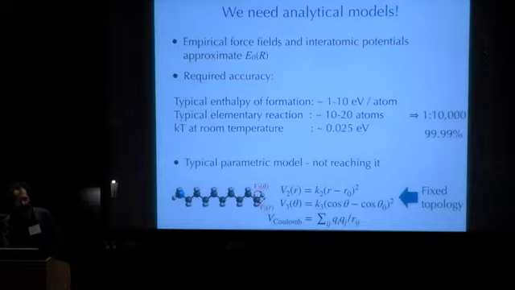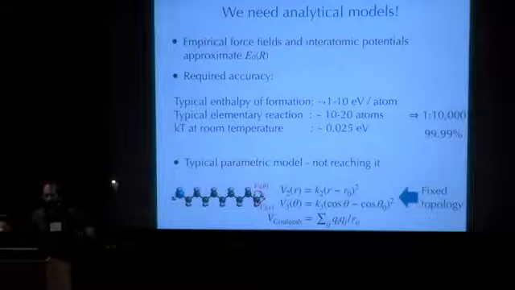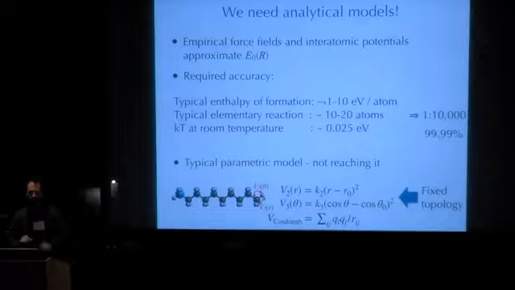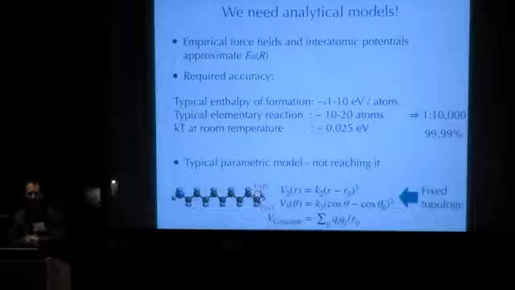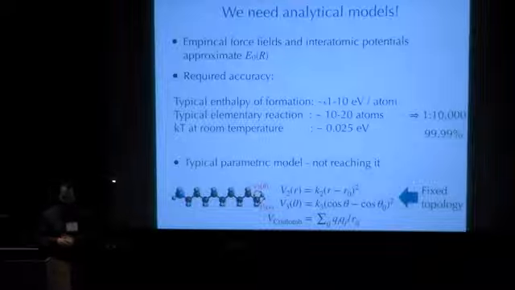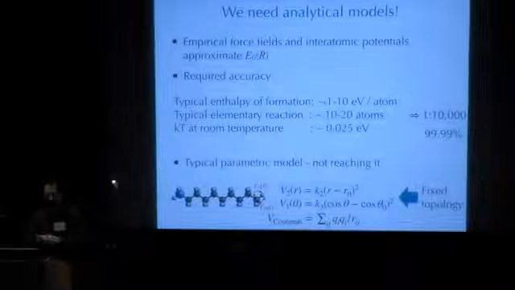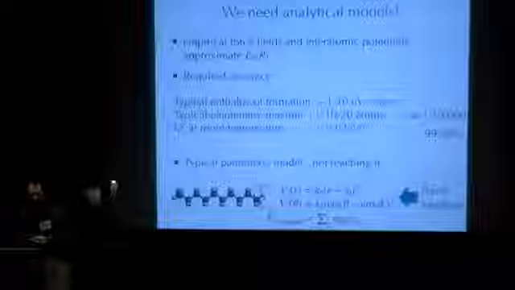So a typical enthalpy of formation is about 1 to 10 electron volts. That's how much energy you get when you put atoms together. If you want to think about a reaction, a bond breaking, that involves around 10 or 20 atoms in the vicinity of the bond breaking. And kT at room temperature, the typical energy you have available that controls whether you're going to make that jump or not, is 0.025 eV.